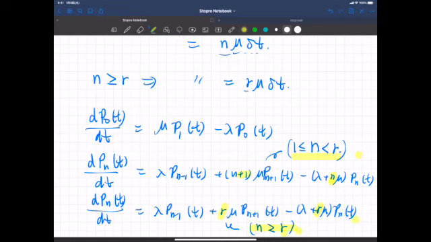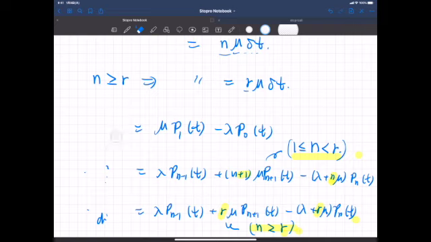Just like for the case of the single server problem, we also approach this multiple server problem by the limiting process. So that is when t goes to infinity, the state of this system approaches some kind of equilibrium, so that the left-hand side of this becomes zero.